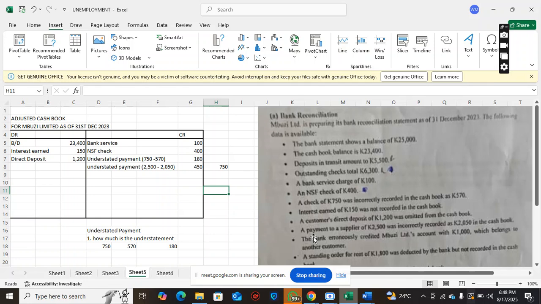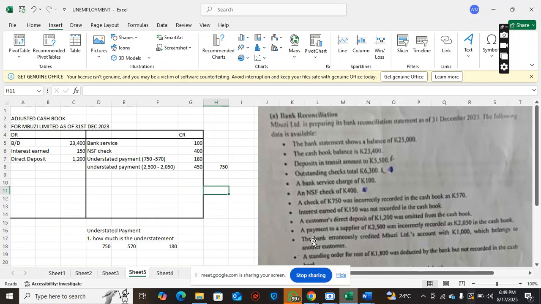The bank erroneously credited Mbuzi's Limited's account with 1,000, which belongs to another customer. So where will this go? Now make your statement more clear, Mr. Chimunye.